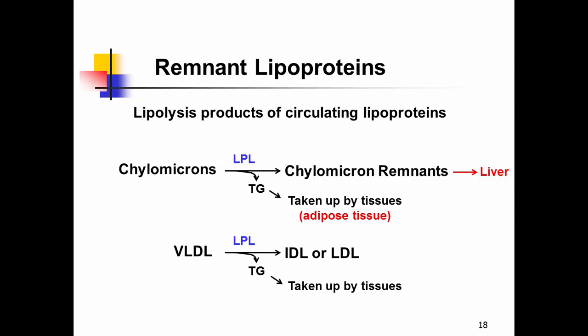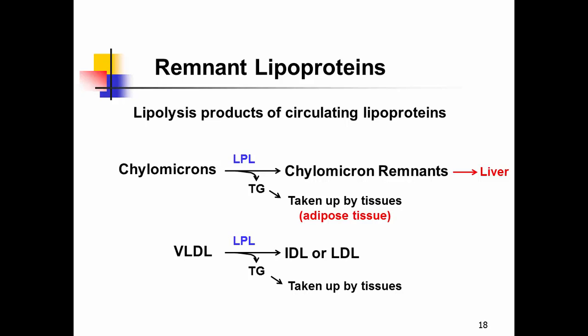So what will happen if LPL activity is somehow defective, or lower or something like this? And how about the chylomicron levels in the circulation if LPL cannot function well? High, right?